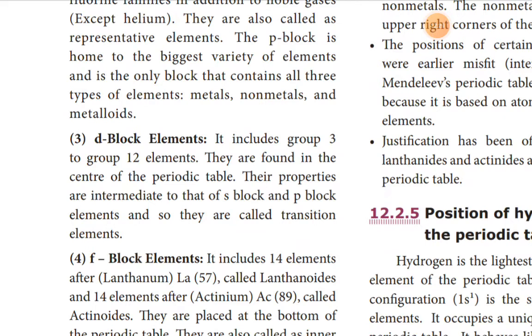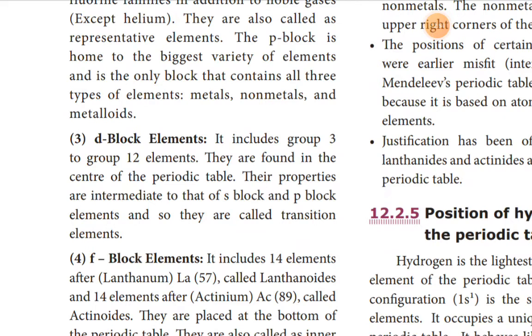So you have to understand clearly that the S block is group 1 and 2, the P block is group 13 to 18, and in between, group 3 to 12 are the D block.